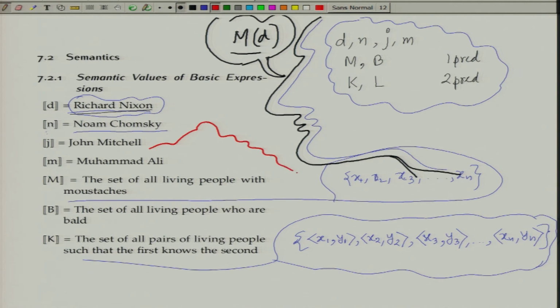The reality, instead of having some person or something, has Nixon and Chomsky, Michel, and Ali, and instead of having properties or predicates, now it has sets.